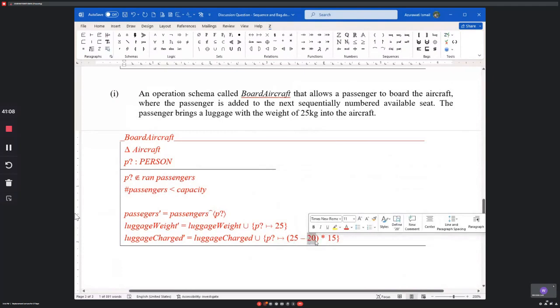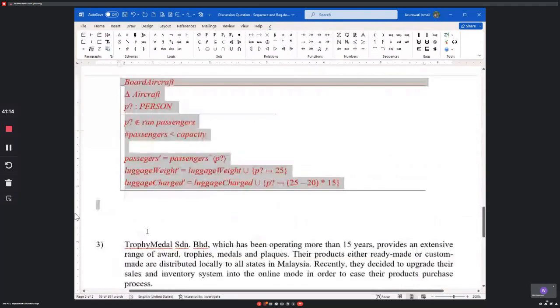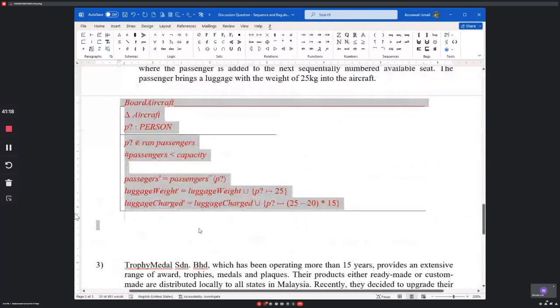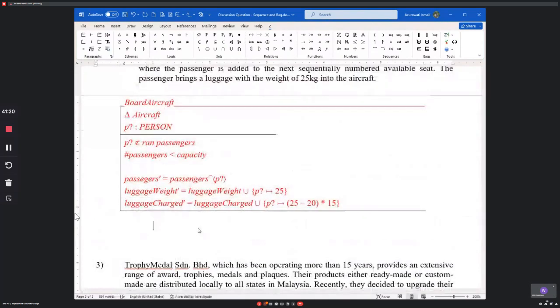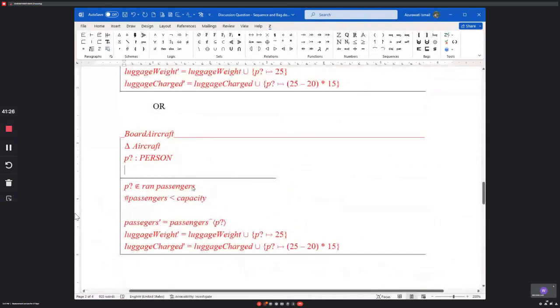Or another one is, okay, you can add the input, because the question does not ask you whether you need to provide input or not. So this one is up to you. You can have luggage, let's say WGT, weight, luggage weight, of type N, for example.